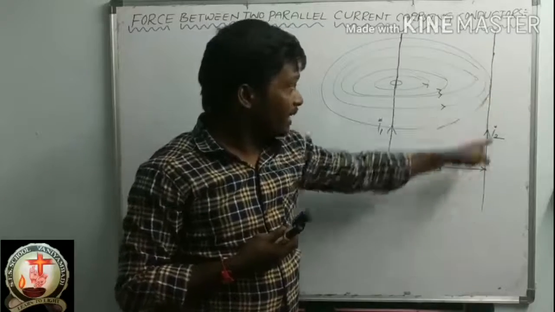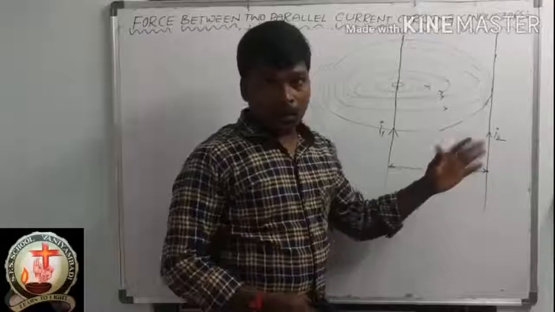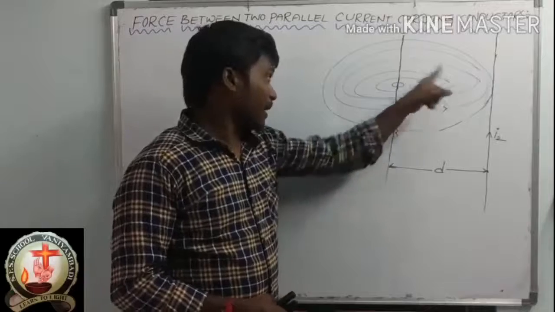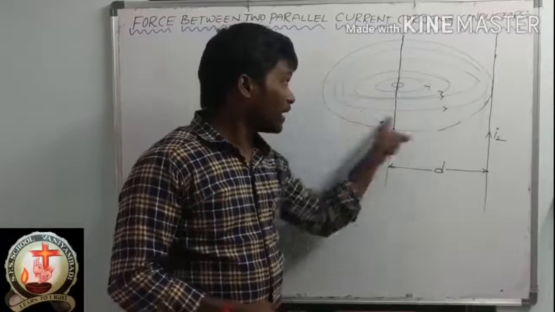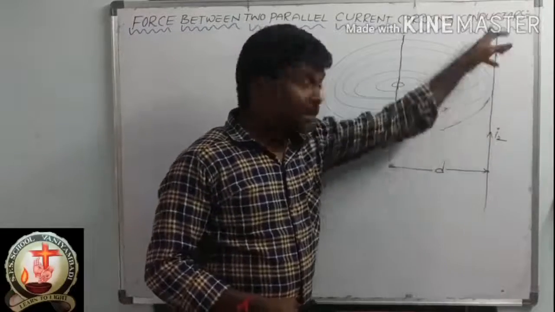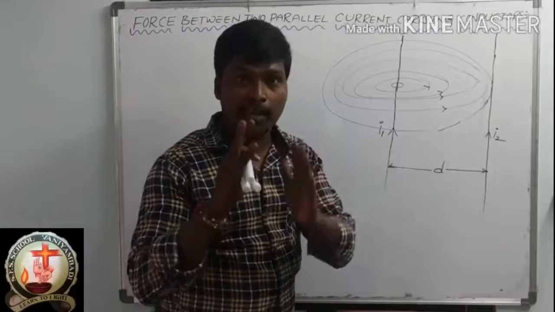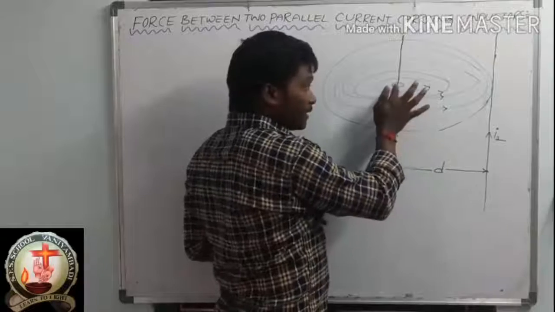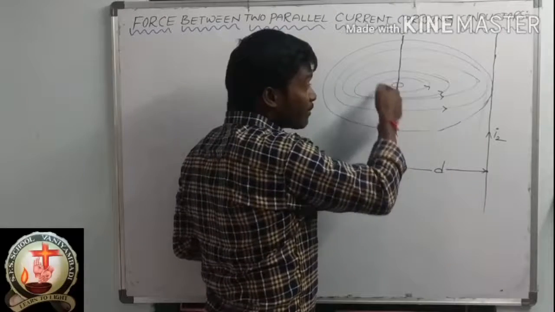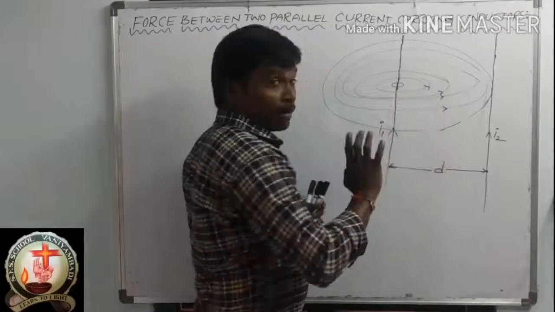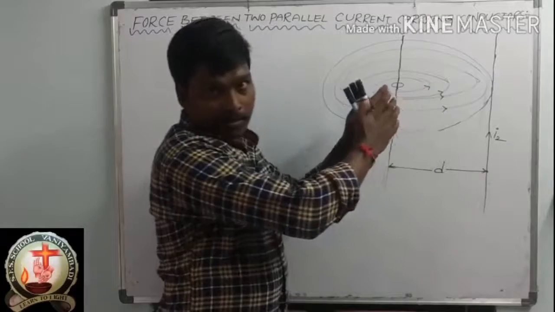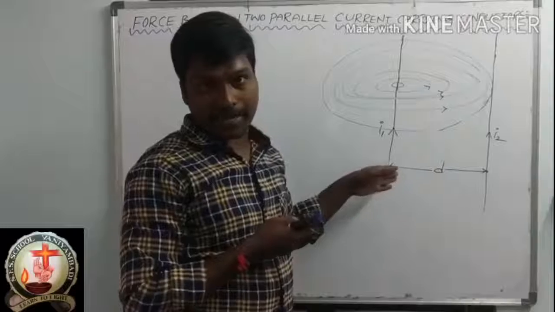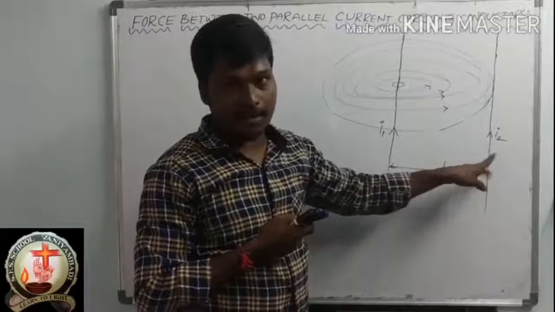Where is it placed? This second conductor is placed in the region of the magnetic field produced by the first conductor. Please observe carefully and try to understand this. Suppose this is the first current carrying conductor and this is the second current carrying conductor.